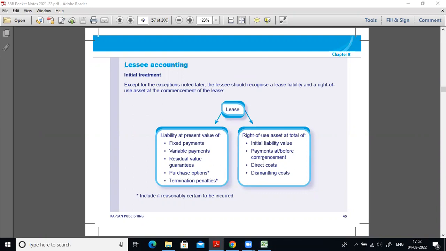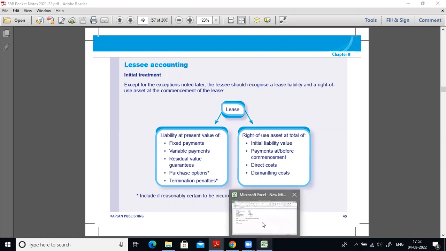And if you incur any direct cost, that is registration expenses for registering the lease agreement, then if the lessee has an obligation regarding dismantling, that should also be considered. Suppose there is any legal requirement for the lessee to incur dismantling expenses after the lease term, then that should also be included in right to use of asset.